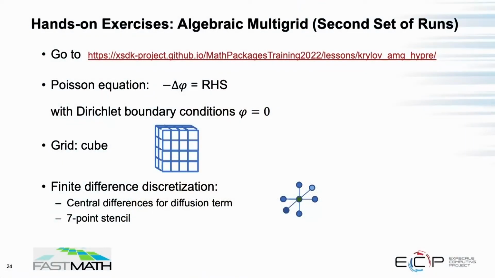All right, so now I will break and have y'all go through the second set of runs, which is using HYPRE's algebraic multigrid solver as a solver, and then as a preconditioner. You'll also perform some weak scaling experiments, and you'll get to see the difference between BoomerAMG, the unstructured solver, versus our structured solver, PFMG.